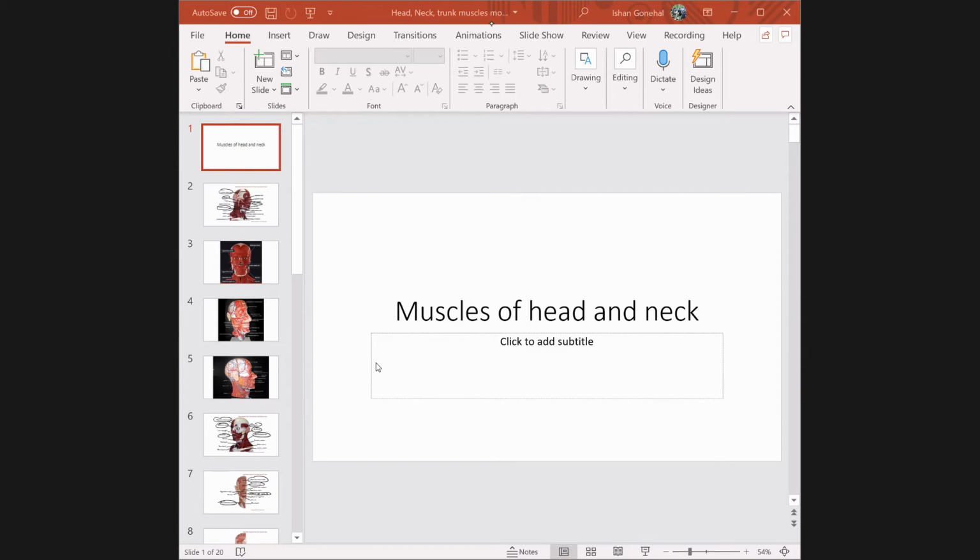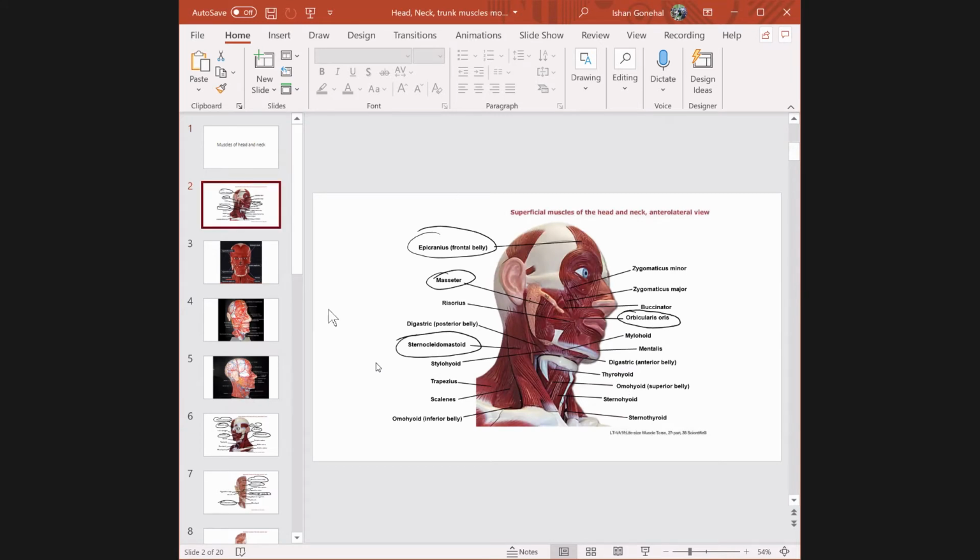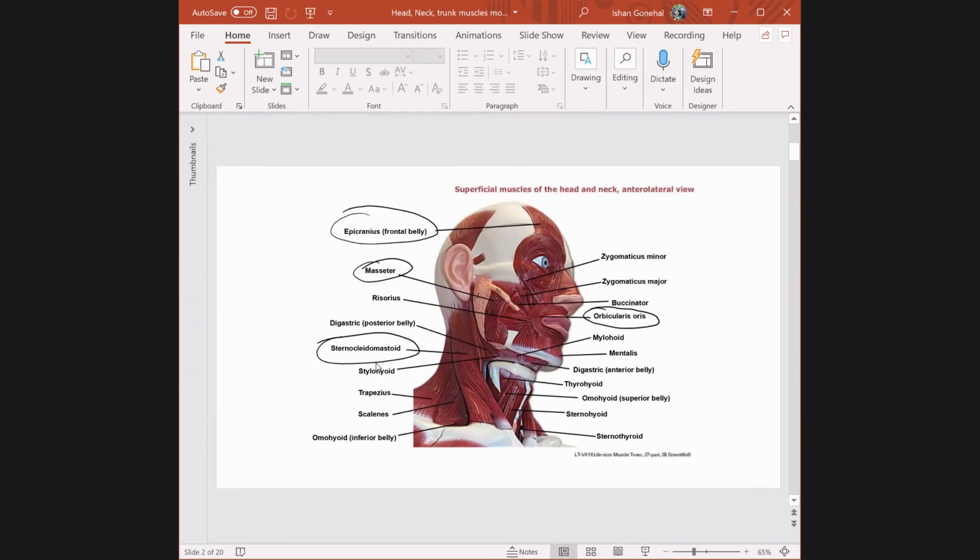Give me like 2 minutes. I want to open up something else too. Okay. Let me close this one. Can you see what I'm sharing? The muscle model? Okay. Yes.